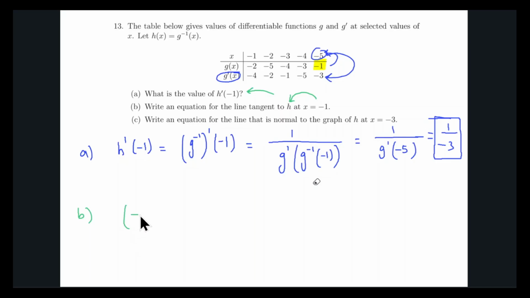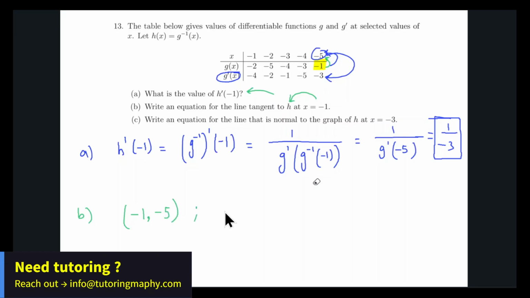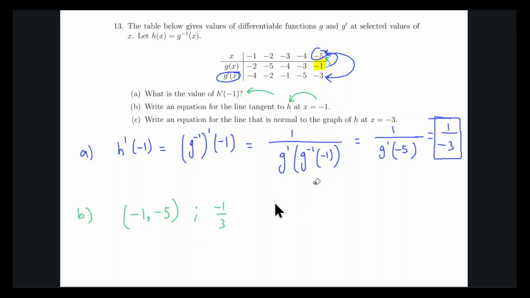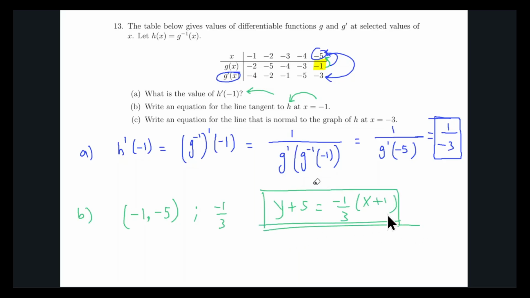So the point is negative 1 comma, negative 1 is original function's y value, and the original function's x value is negative 5, which will become inverse's y value. The slope is negative 1 over 3. So the equation of the tangent line will be y minus minus 5, so can't I just write plus 5, equal to slope, which is negative 1 over 3 times x minus minus 1, or x plus 1 over here. That should be our answer.